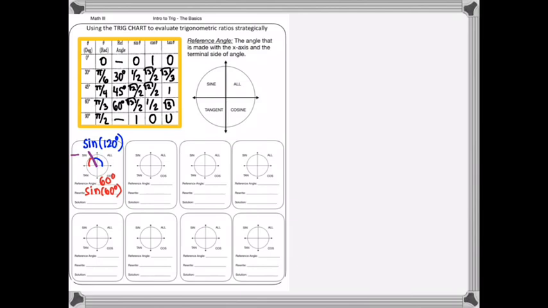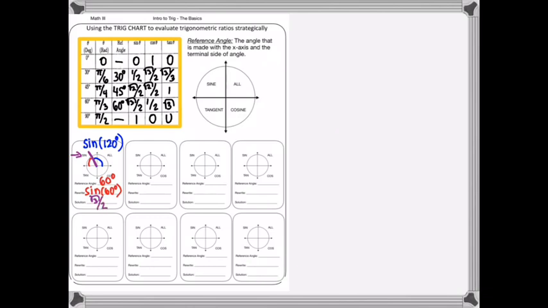Notice that it's landed in sine's quadrant. So that means the result is going to be positive. Then I just need to look up top and find the sine of 60 degrees, which is going to be root 3 over 2. So I know that that is going to be the square root of 3 over 2.